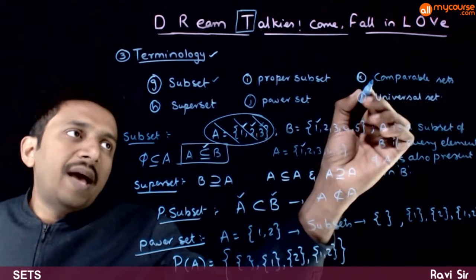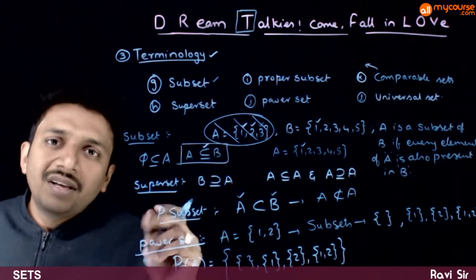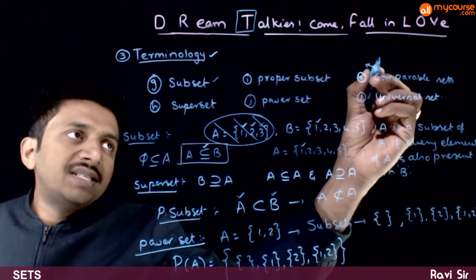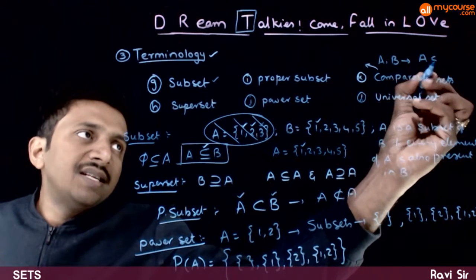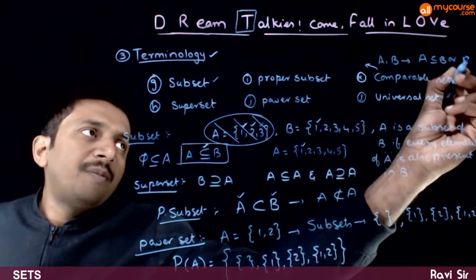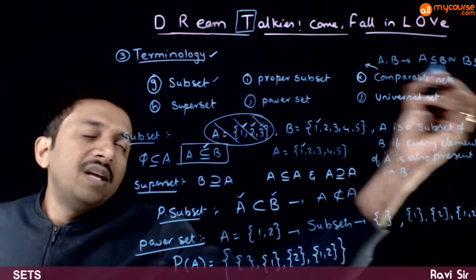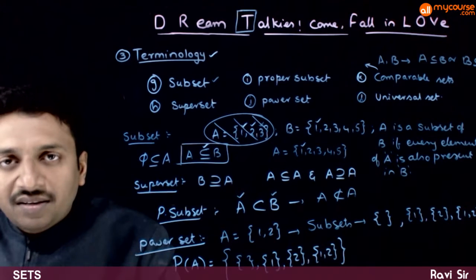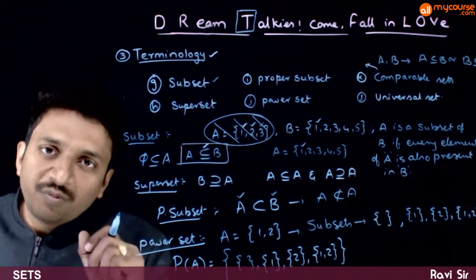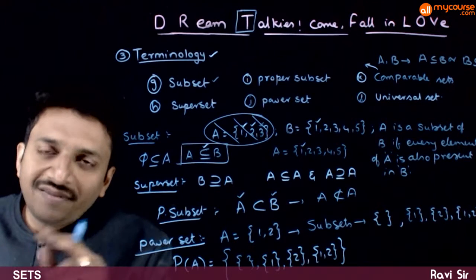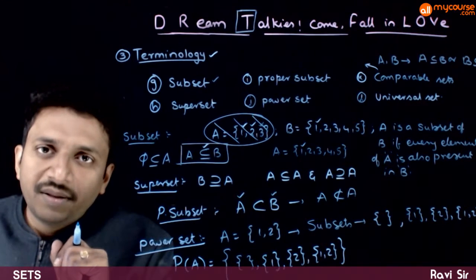So next, you have comparable sets. What are comparable sets? Two sets A and B are comparable if either A is a subset of B or B is a subset of A. If one of these conditions is valid, then they are called comparable sets. Either A has to be a subset of B or B has to be a subset of A. If nothing happens, then they are not comparable.